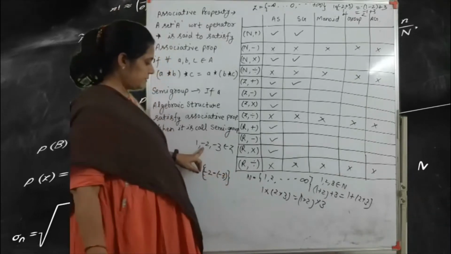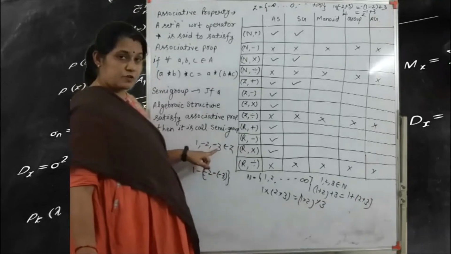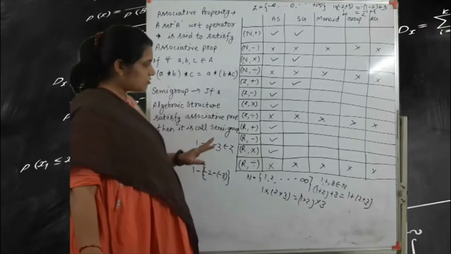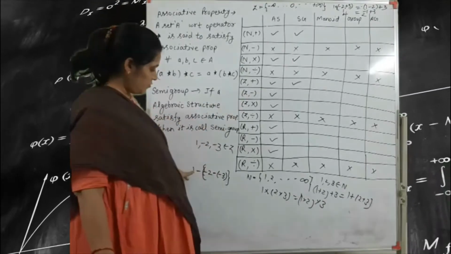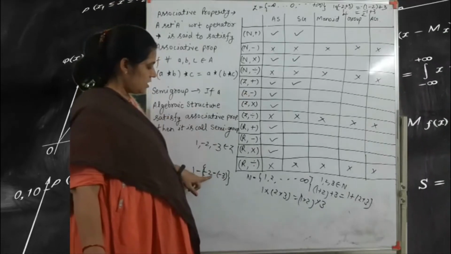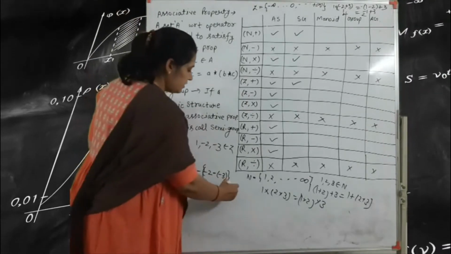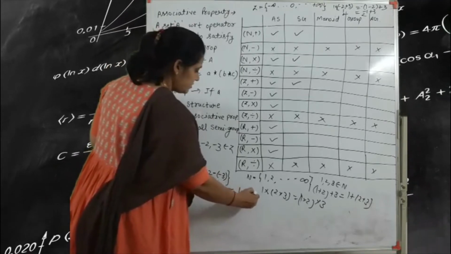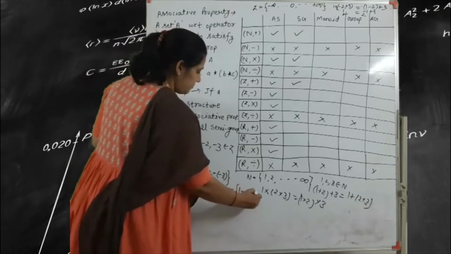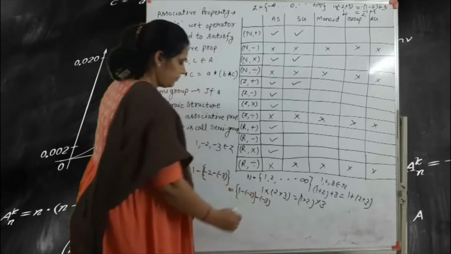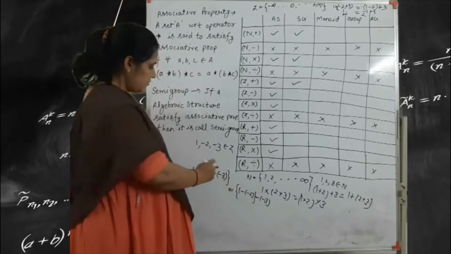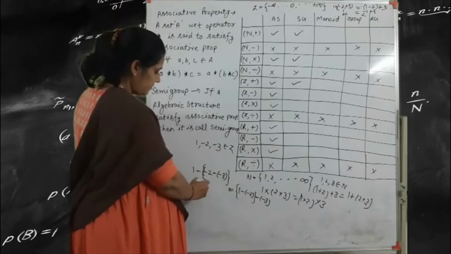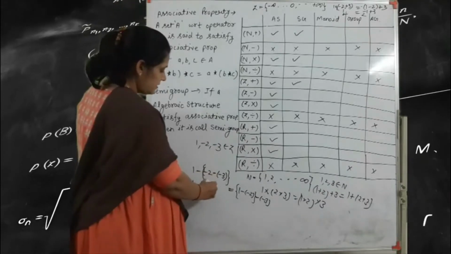Here we have minus 2 and minus 3 and 1, and we use the minus operator. So 1 minus, minus 2, minus, minus 3 is equal to what? It is equal to 1 minus, minus 2, this is in a bracket, and minus, minus 3. Got it? So here 1 minus, minus 2 plus 3.